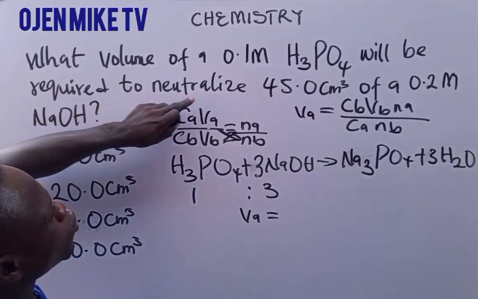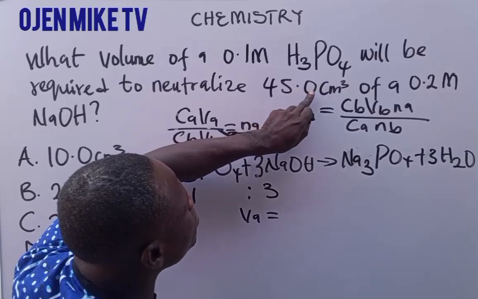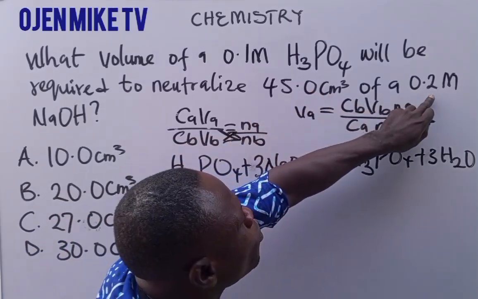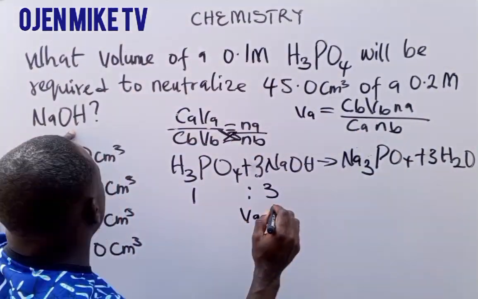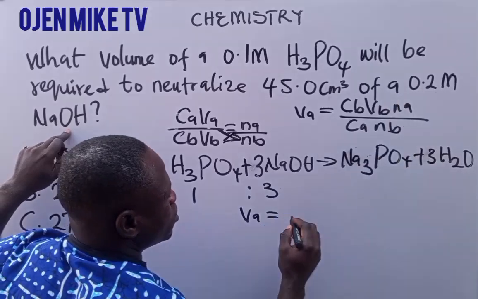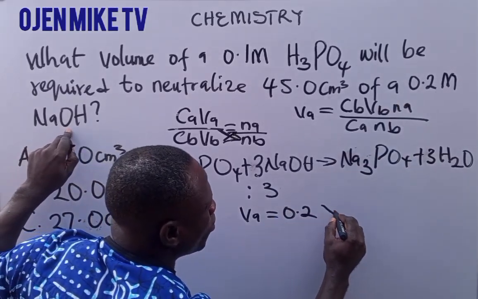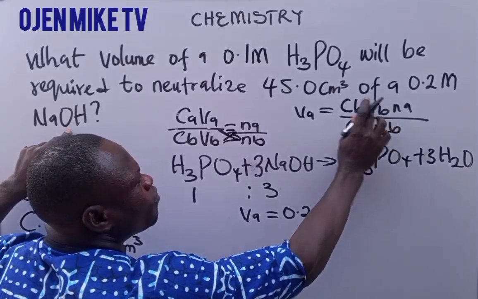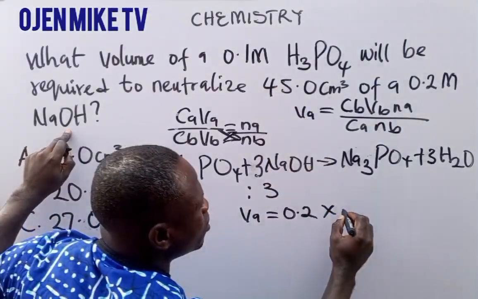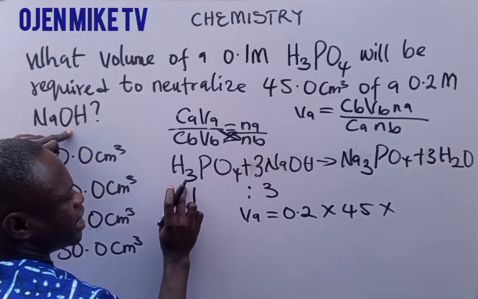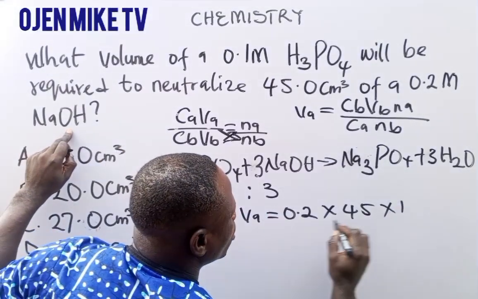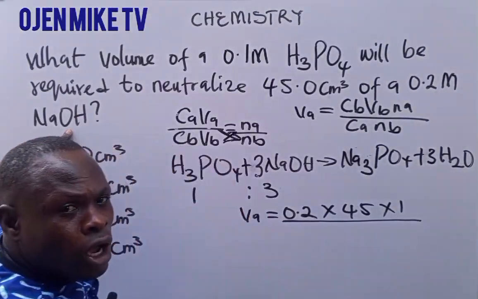It is required to neutralize 45 cm³ of 0.2 molarity sodium hydroxide. So your concentration is 0.2 multiplied by the volume of base, 45, multiplied by the mole ratio of acid. The acid here is 1. You divide it.